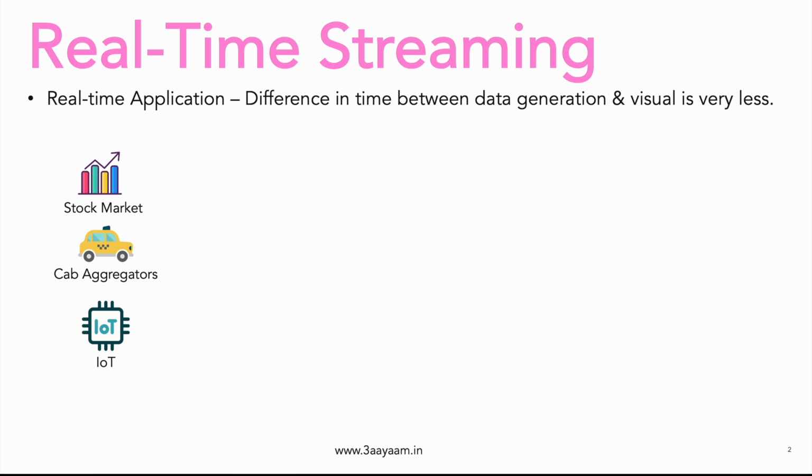Then you have IoT devices, which is one of the earlier examples of real-time applications. Let's say you have IoT devices like temperature sensors, earthquake sensors, wind sensors, maybe your smartphone, etc. All of them send data on a near real-time basis. Similarly, there can be other applications like vehicle tracking.